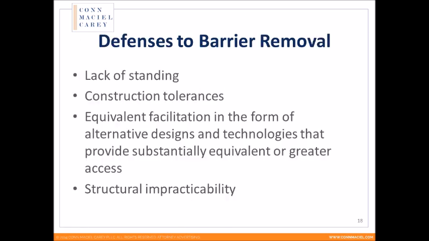So there are defenses that we encounter often when we litigate these cases to barrier removal. And some of those involve whether the individual has proper constitutional standing. Again, someone who is going to challenge a barrier, it needs to relate to their specific disability.